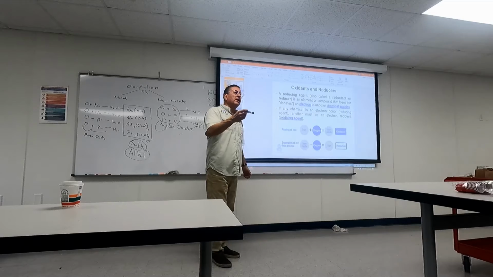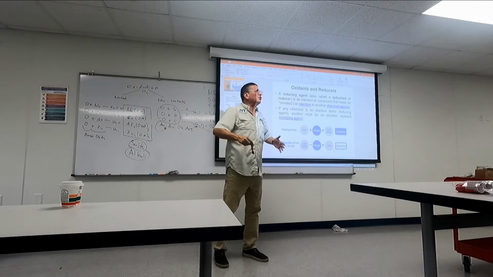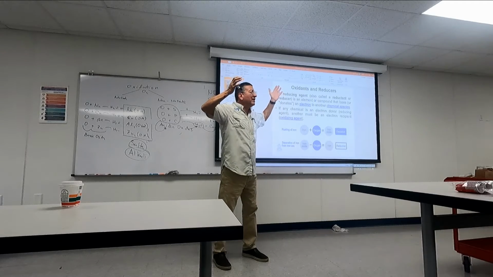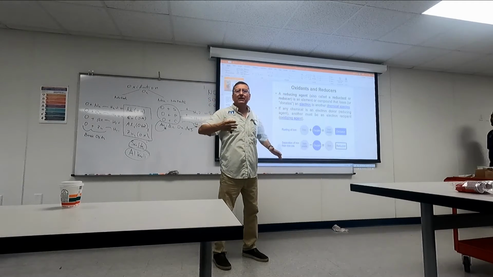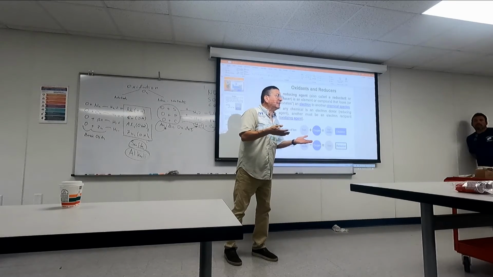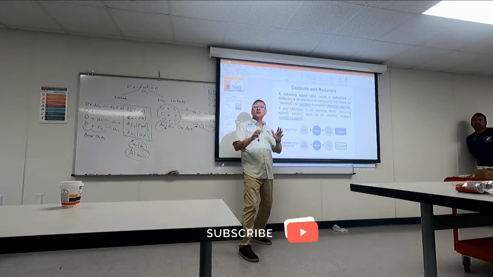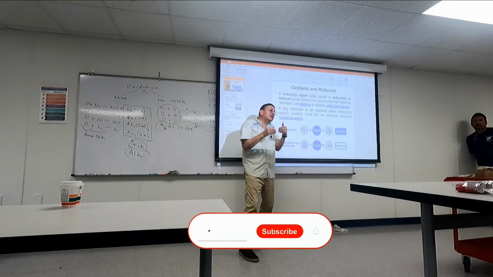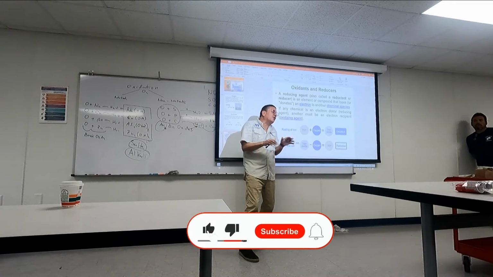When the oxygen attacks any other element, because oxygen is practically the element in the periodic table with the higher level of energy, it attacks the rest of the elements. The oxygen is the oxidant. And the other element that releases the electron is the reducer. It's reduced because each time it releases one electron.